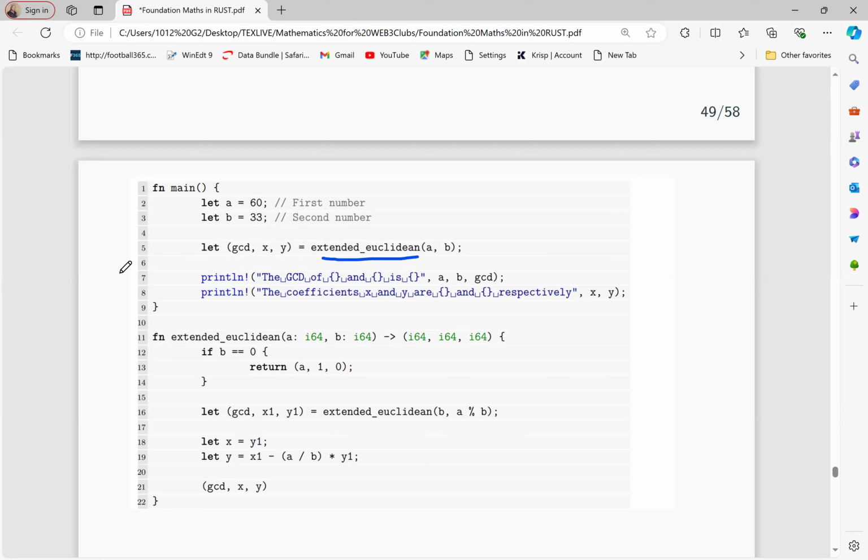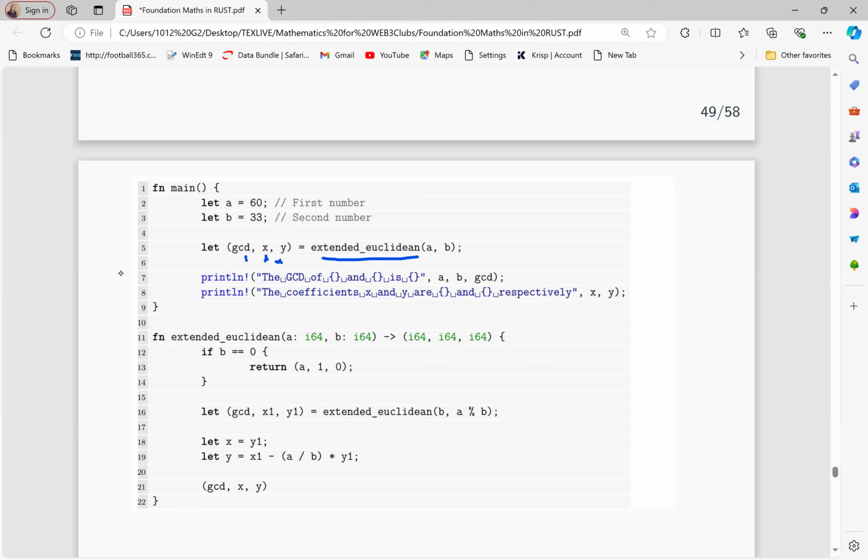And then, so what this means is that, of course, these are the results that are supposed to be printed. They were supposed to print the GCD, x and y, where x and y are the values we are looking for.